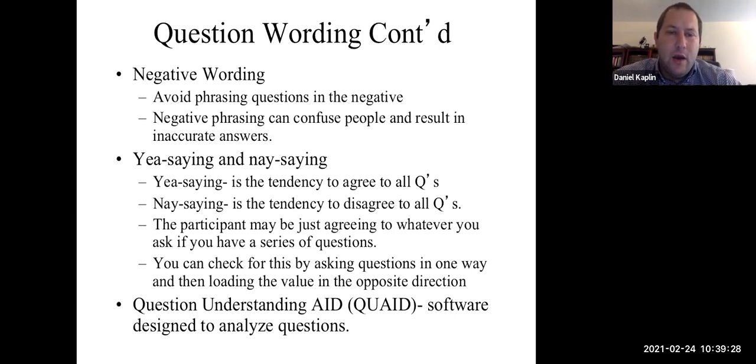Now, before I go into yay saying and nay saying, which is a response from the participants, I'd like to talk to you about an example from my own research where I had an item on my survey that lacked precision. So I was doing some research on whether or not psychologists should have the right to prescribe medication.